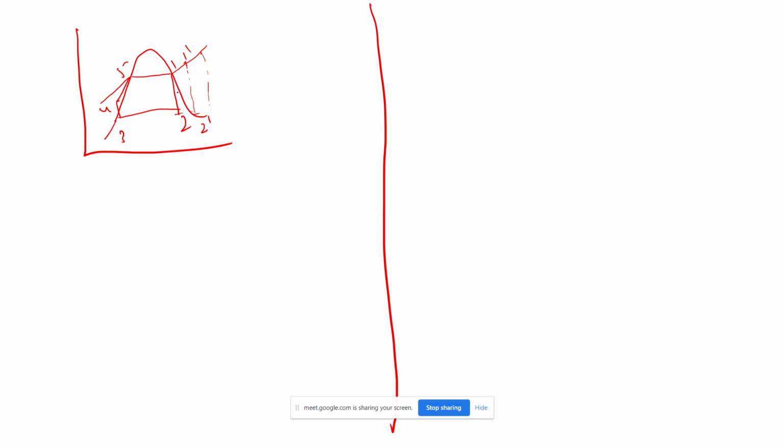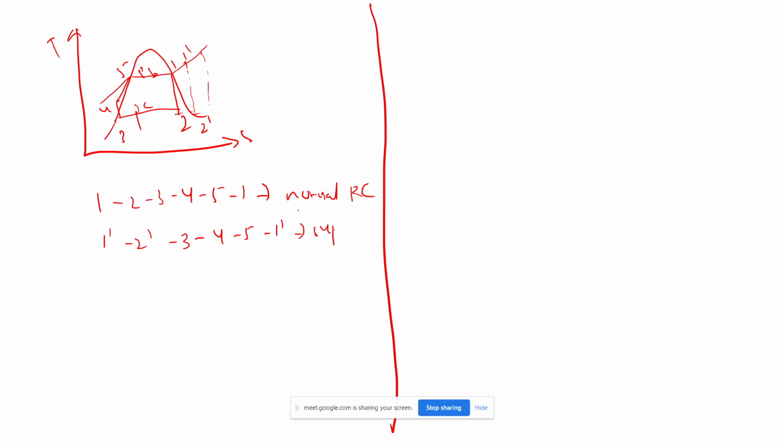This is the condensation pressure, this is the boiler pressure. 1, 2, 3, 4, 5, 1 is the normal Rankine cycle, and 1 dash, 2 dash, 3, 4, 5, 1 dash is the superheated Rankine cycle.